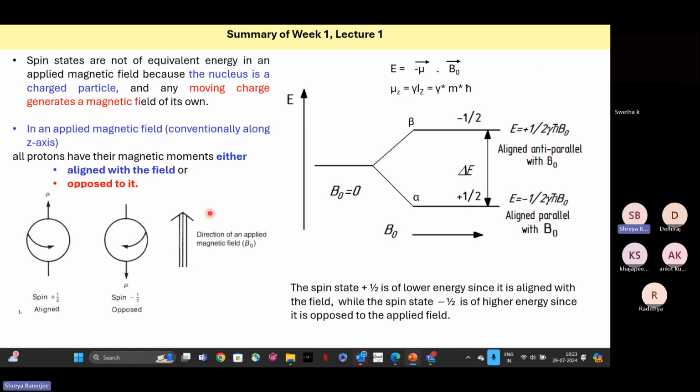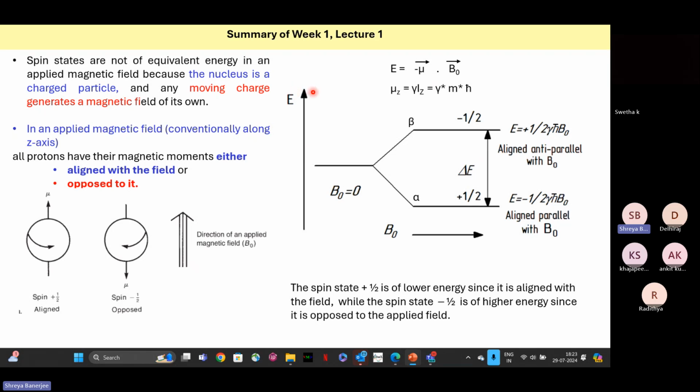Now, the energy of the state is defined by a dot product of two vectors, the magnetic moment vector mu and the external magnetic field vector B0. And a negative sign is also there. Conventionally, the external magnetic field is applied along the Z direction. So in all the images that you see, it will be shown along the Z direction.